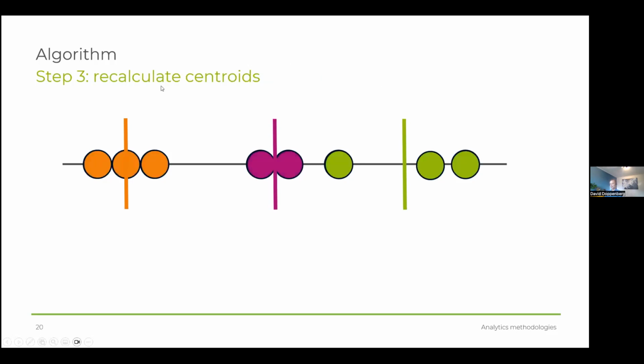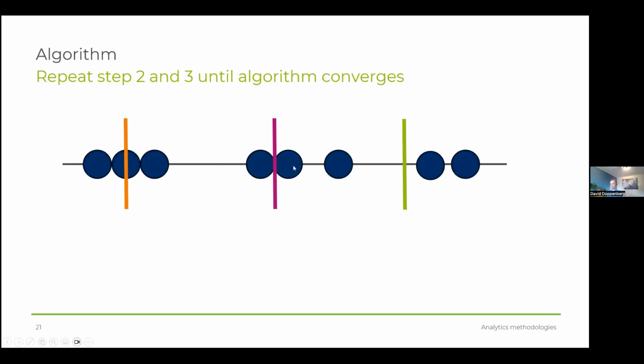So basically, when you go back to step 2, you get rid of the assignment to each cluster and consider each observation unassigned and start assigning again based on the distance. So these 3 data points are clearly closest to the orange one, so you will assign them to it. Then it becomes a little bit more complicated.